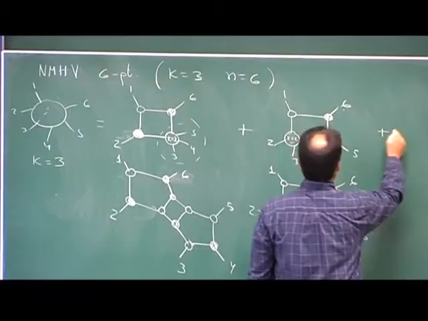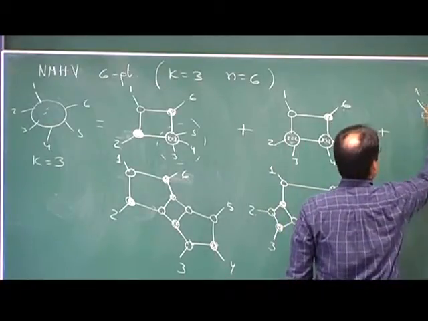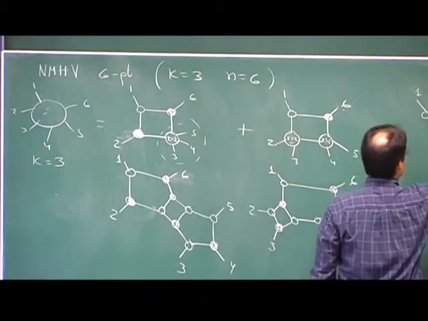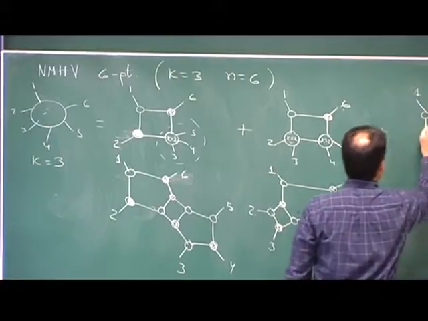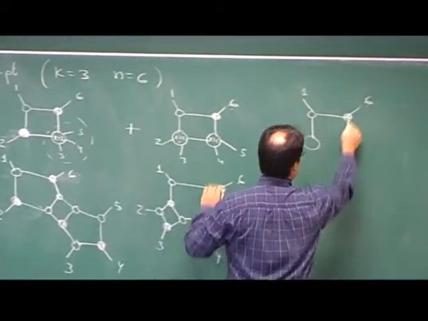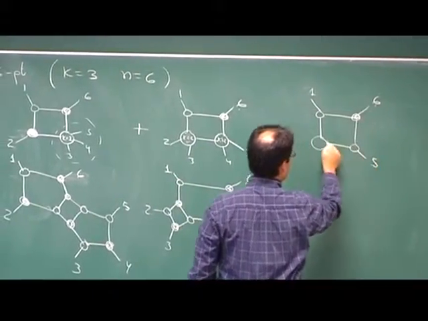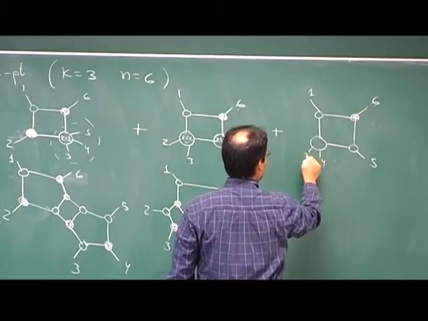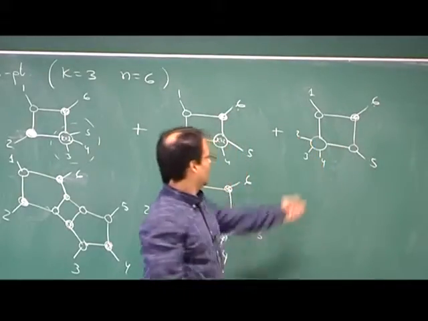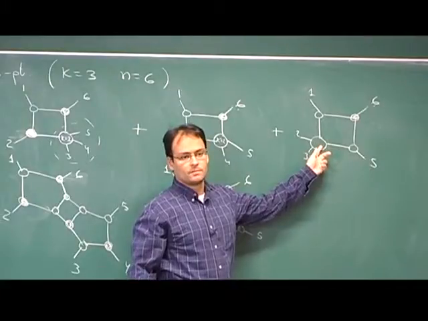And the last guy, because there is only one more possibility, is the case where we have 5 here all by itself, 4, 3, and 2. And now we have to find out what the K of this guy is.